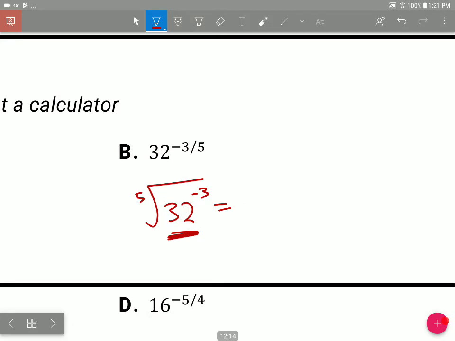So that is 2 to the negative third. All right? Let's think of 2 to the 1 is 2. 2 squared is 4. 2 cubed is 8. 2 to the fourth power is 16, 2 to the fifth power is 32, 2 to the sixth power is 64, 2 to the seventh power is 128.